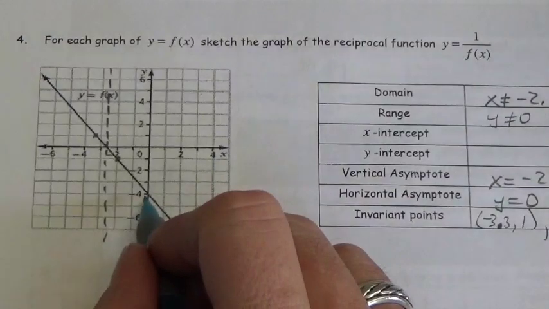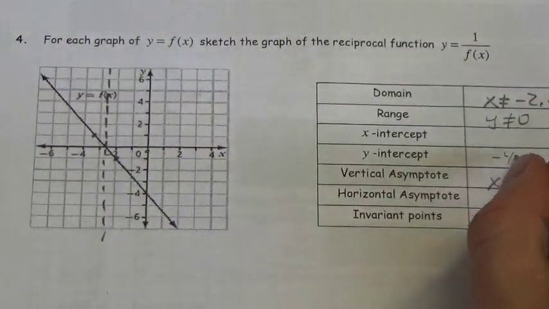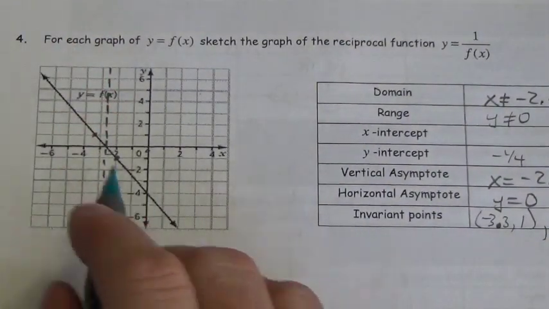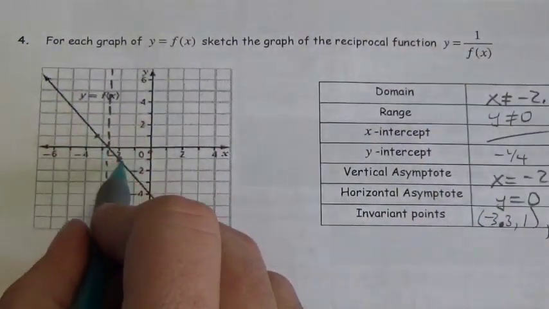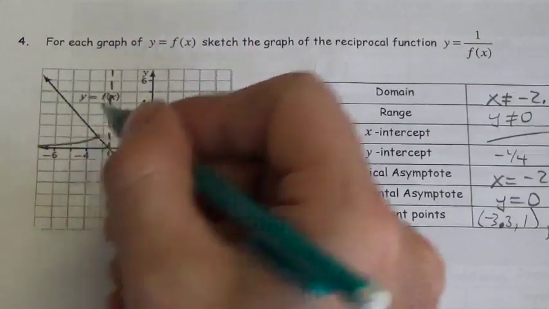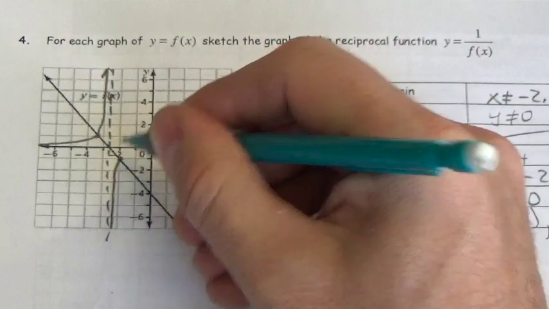My y-intercept for the original was negative 4, so my reciprocal will be negative 1/4. All I'm doing is taking that value and reciprocating it. And my x-intercept, again, there won't be any x-intercepts. And because of where the invariant points are and that y-intercept, it looks to me like the graph's got to look something like this. And then like this.